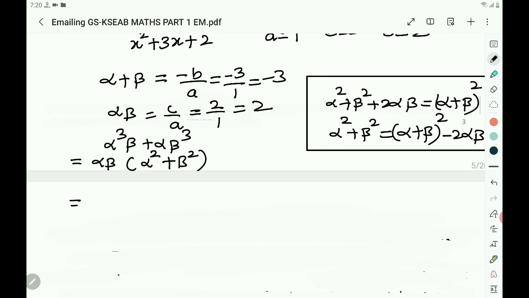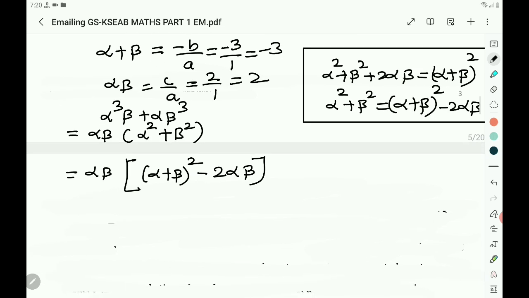Equals alpha beta into, in the place of alpha square plus beta square, you write this one. Alpha plus beta whole square minus 2 alpha beta. Now you put the value of alpha plus beta and alpha beta. Alpha beta is 2 into alpha plus beta is minus 3 whole square. Alpha plus beta whole square is minus 3 whole square.